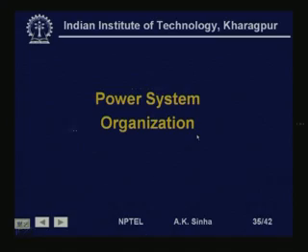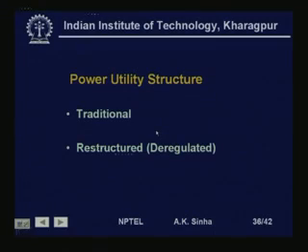Now, power system operation and its organization. Earlier power systems, which we call the traditional power system, were what we termed vertically integrated systems, where generation, transmission, and distribution are all controlled by a single entity.